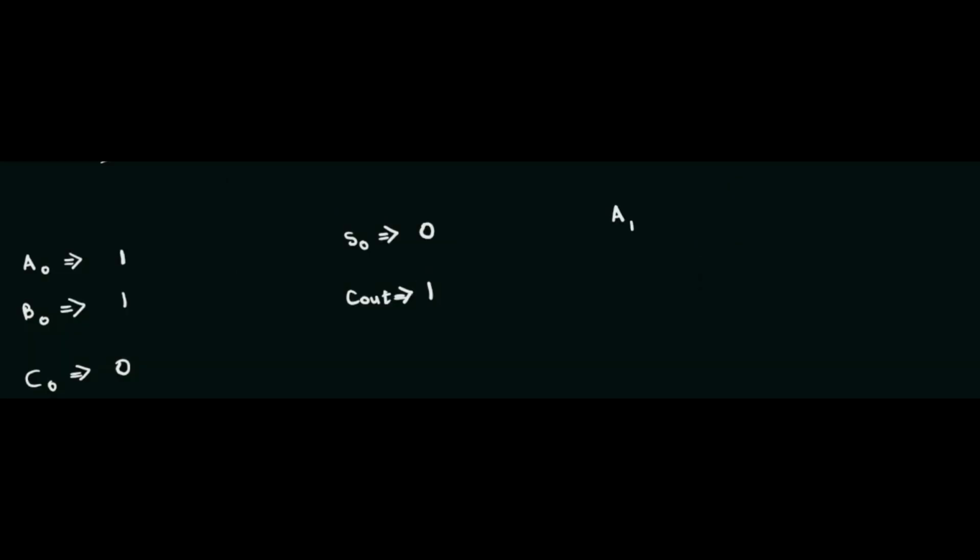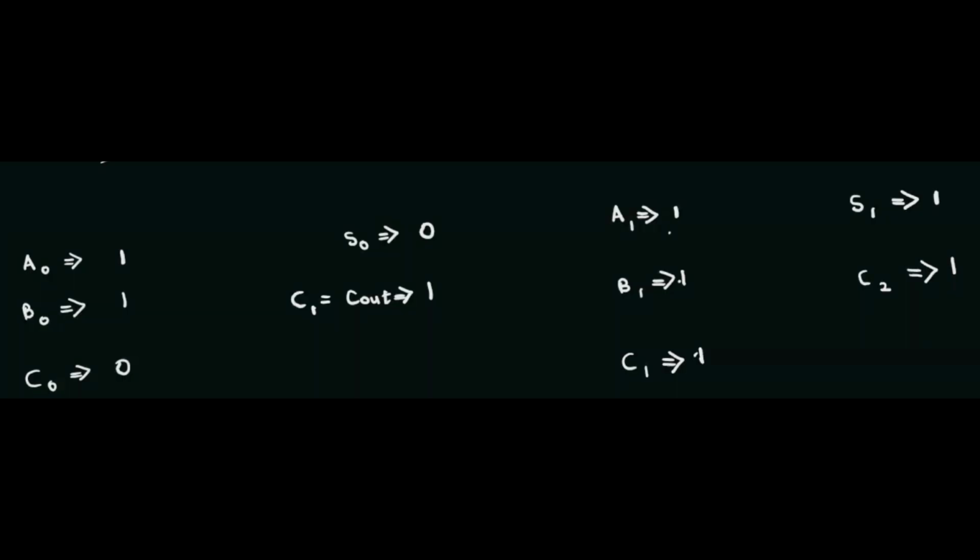So A1 is equal to 1, B1 is also equal to 1, and C1, which is the C out from FA0, is equal to 1. So the S1 will be equal to 1 and C2 will also be equal to 1.